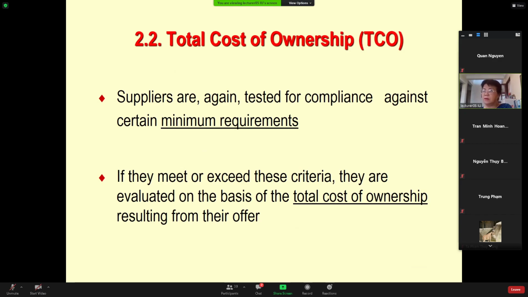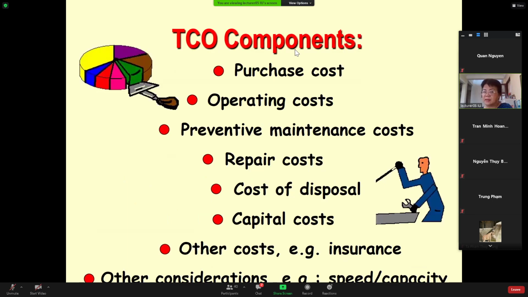If they meet these criteria, they are evaluated on the basis of total cost of ownership resulting from the offer. But the total cost of ownership is more than the price you pay at the very beginning.